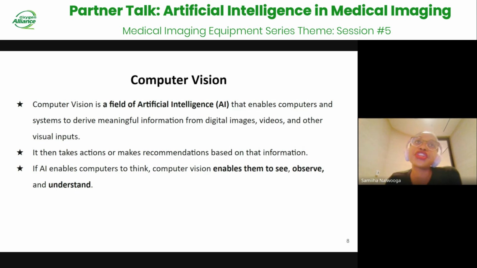Now, the fact that we're looking at AI in medical imaging, that is where we look at computer vision, AI that sees. So what is computer vision? Technically, it's a field or branch of AI that enables computers and systems to derive meaningful information from digital images, videos, and other visual inputs.